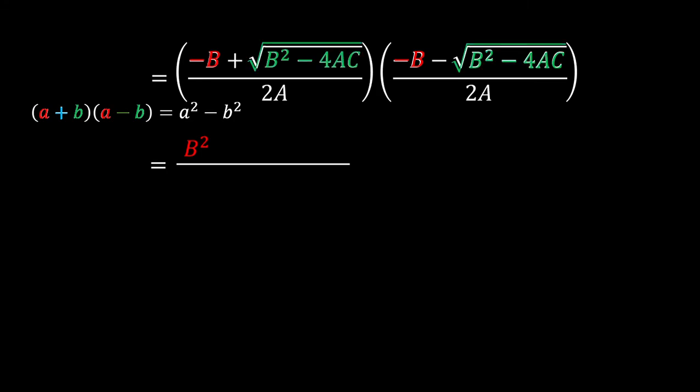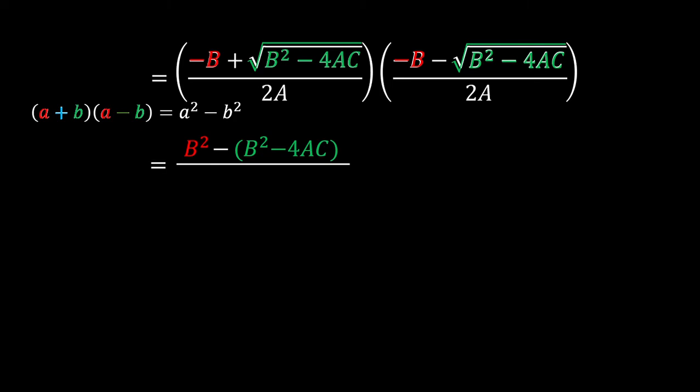So square root of b squared minus 4ac times square root of b squared minus 4ac. So take note na ang sign nito ay negative. So, pag pinag-square ko yung naka-square root, matatanggal yung square root, so magiging b squared minus 4ac na to.